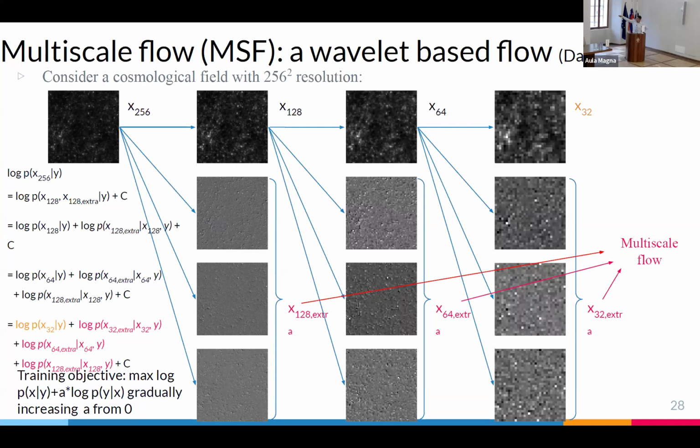But now we keep decomposing this one because we have coarse-grained it. We can coarse-grain it again to 64 and the difference maps. The only issue here is that we have all of these conditional dependencies that we are picking up along the way. These are very high-dimensional conditional dependencies, which are hard to model. Nevertheless, with the smoothness of neural networks, you try to model them as well as you can. Okay, so this is the idea of this multi-scale flow.